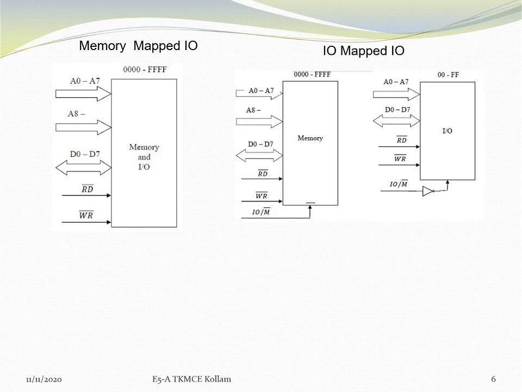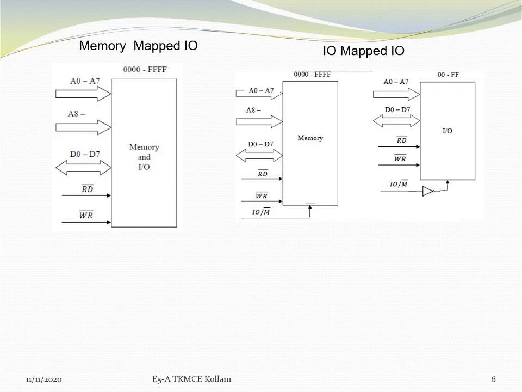Similarly, in the I/O mapped I/O scheme, the microprocessor uses a 16-bit address, that is A0 to A15, for memory, and an 8-bit address line, that is A0 to A7, to identify an input or output device.